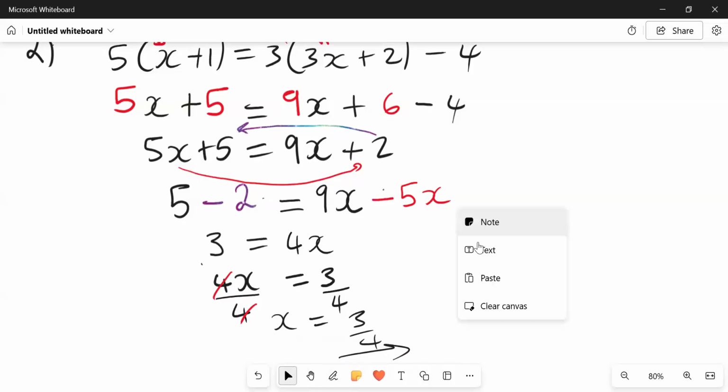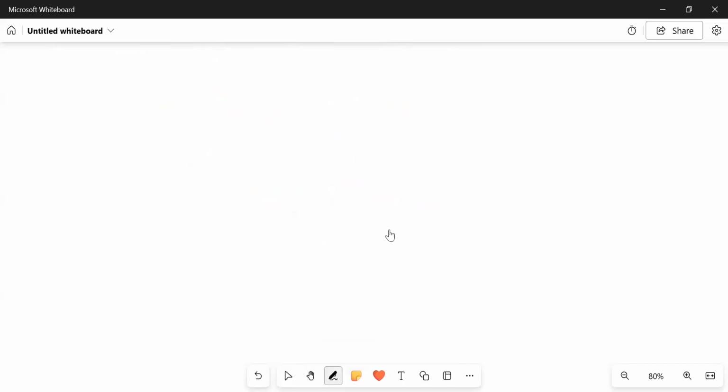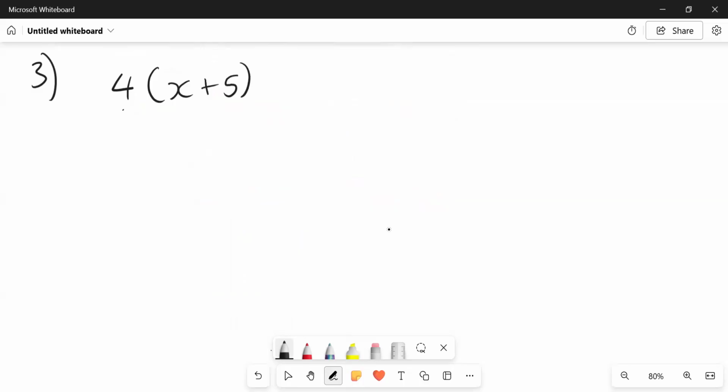Let's move to example number 3. We are still solving for x there. So for example number 3, you have your 4x plus 5 equals 2(8x minus 3) minus 2.